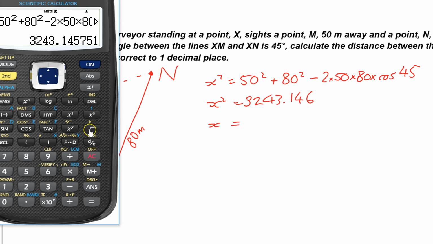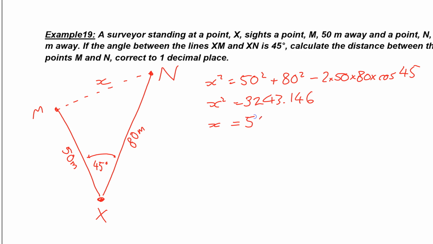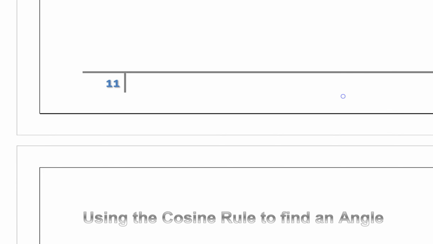So the square root of the answer equals 56.9 metres. That's to 1 decimal place. Righto, that's the cosine rule to find a side.